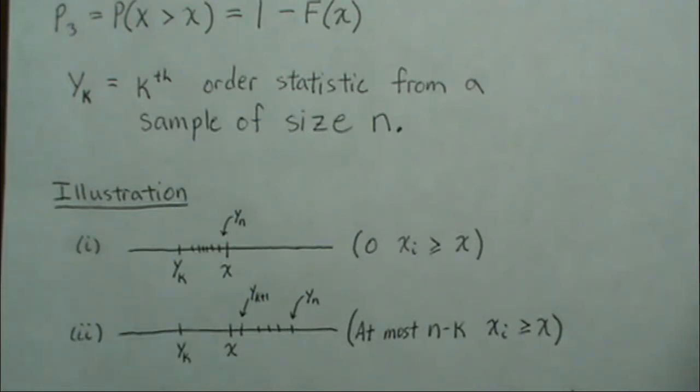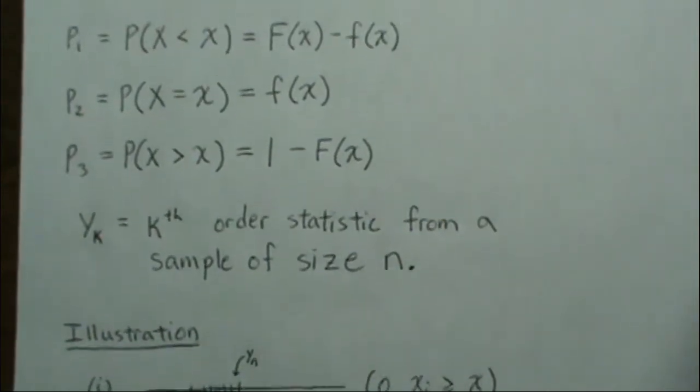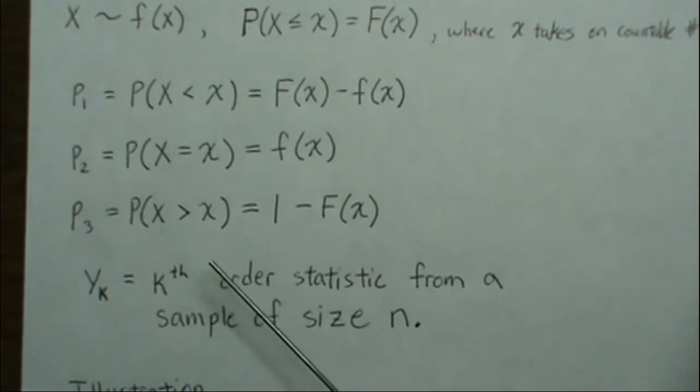Well, what's the probability that any given value is greater than or equal to x? If we come back up here to our probabilities, the probability that we are greater than or equal to x is actually P2 plus P3.